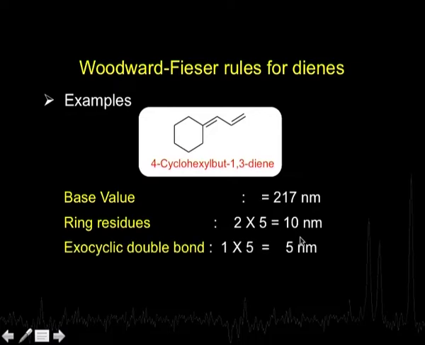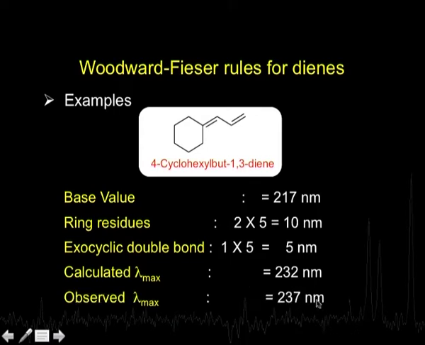But in this case there is one more component here, that is this double bond happens to be exocyclic to this ring here. As a consequence, there will be an additional contribution of about 5 nanometers because of this double bond being exocyclic to a ring. This will add to give me a value of 232 nanometers, and the observed value is slightly higher than this 232 nanometers, but the agreement is not way off.